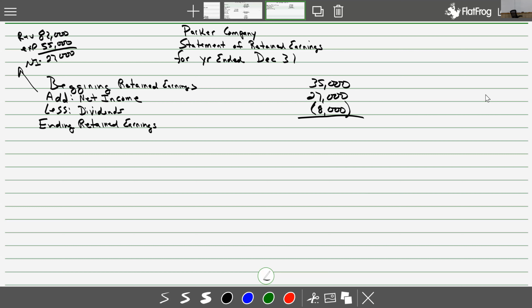So our new ending retained earnings amount would be 54,000. So there are some very simple examples with a lot of information given of just how we're going to communicate this information.